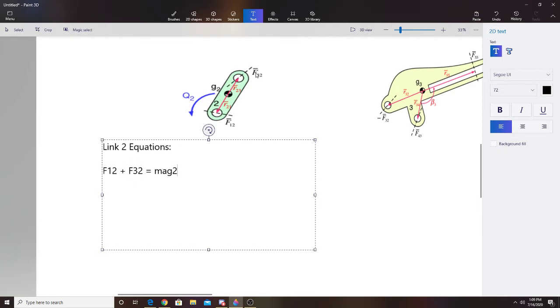So mass, acceleration due to gravity 2. All right? Then, moving on down, we can break it into its x components, right? So the x components are F12x plus F32x is equal to m a g2x, right? Once again, this is the first total equation, and then all we're doing is breaking them into their components.